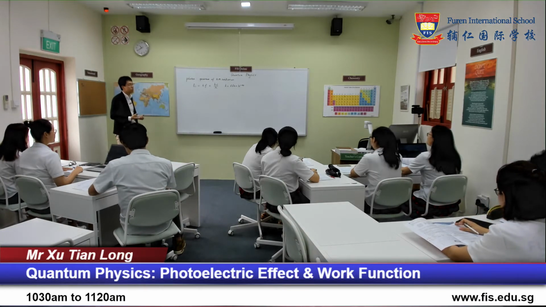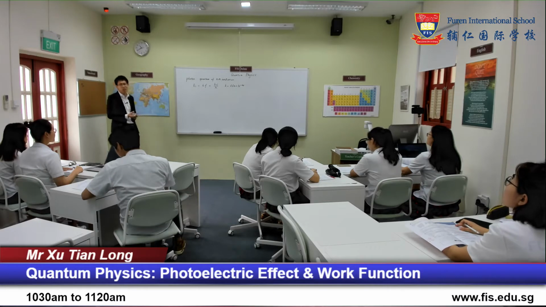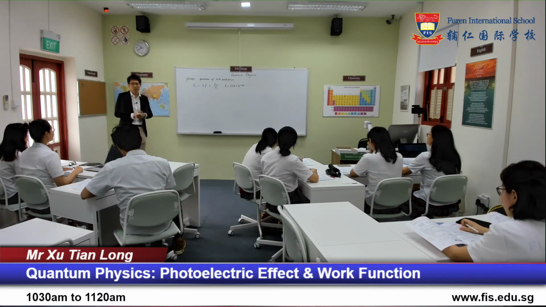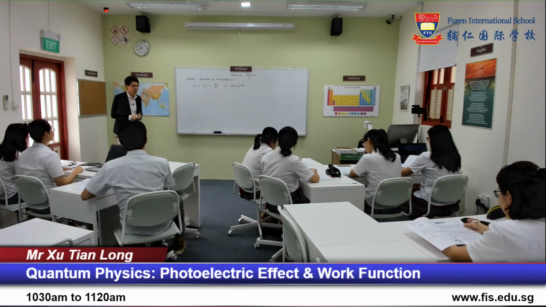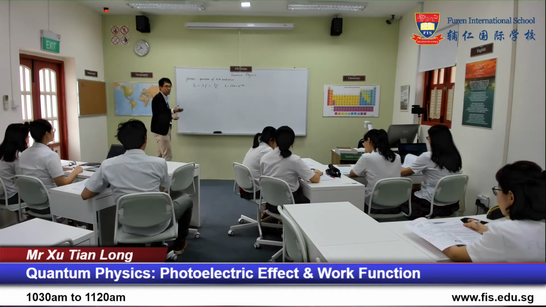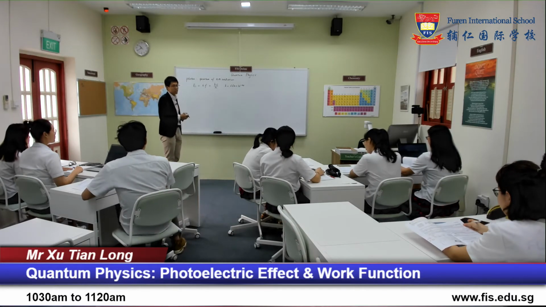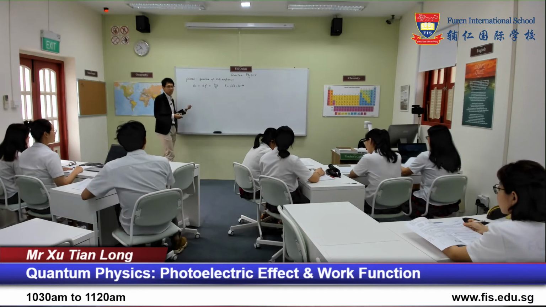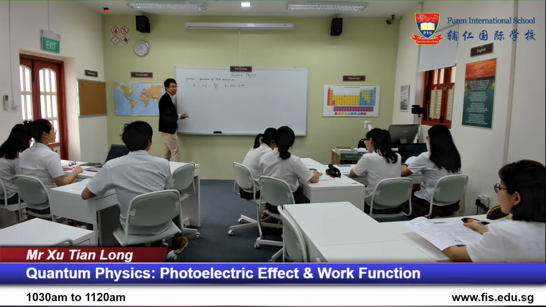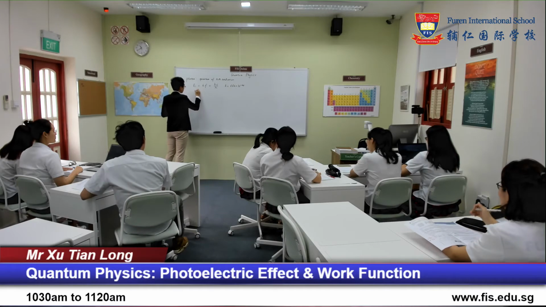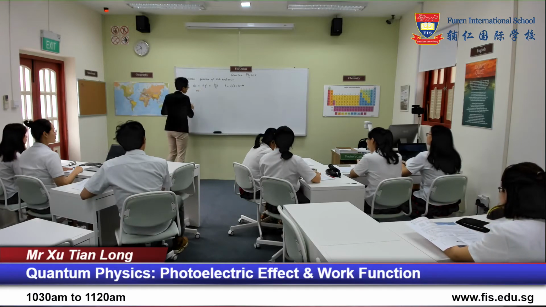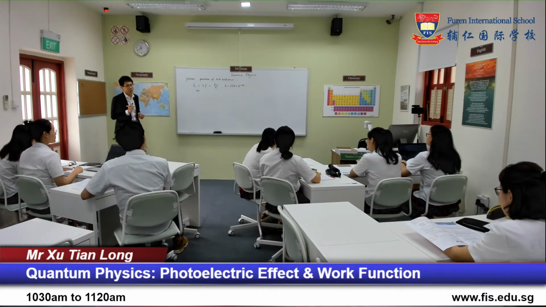Okay, so we also learn about the property of photon, right? So what is the property? Li Mei, what is the property of photon? What's the mass? Photon has no mass, right?